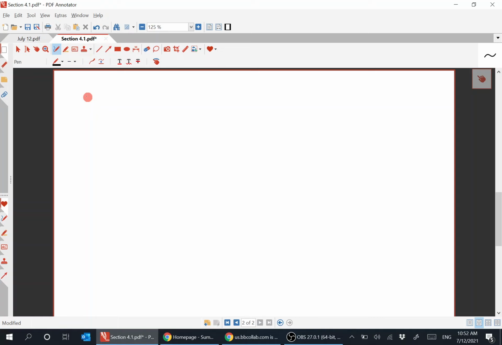What does the graph of an exponential function look like?